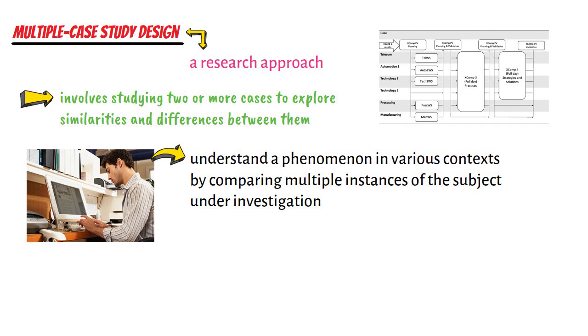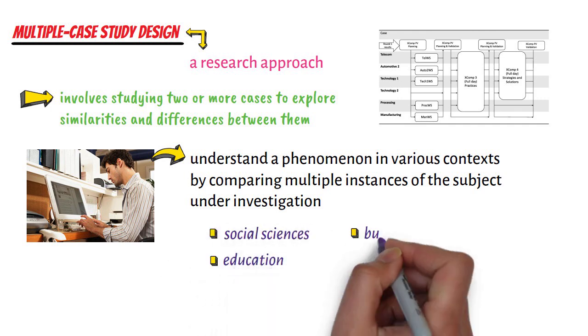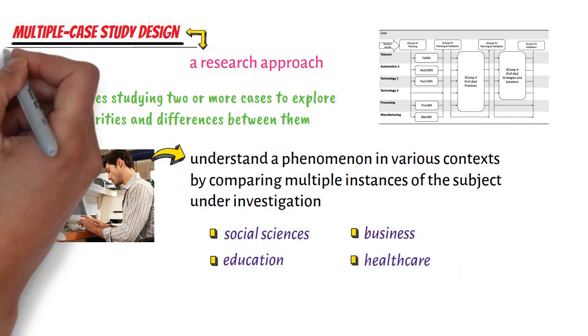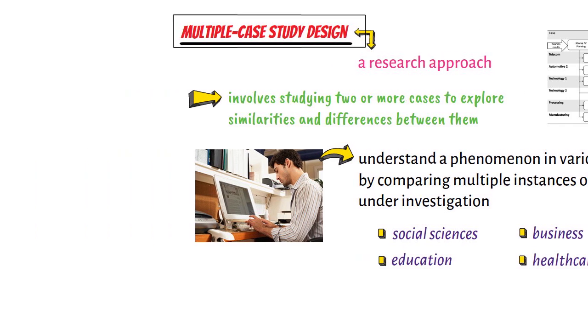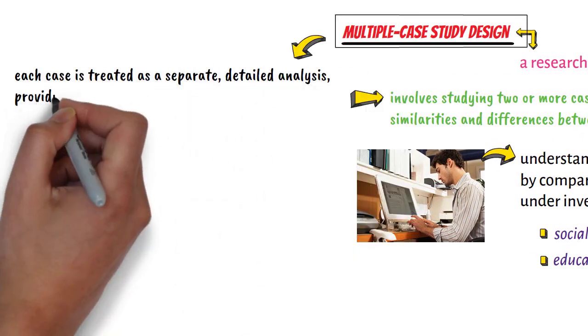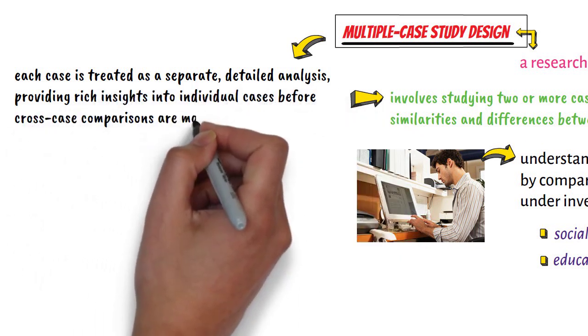The design is commonly used in fields such as social sciences, education, business, and healthcare. In multiple case studies, each case is treated as a separate, detailed analysis, providing rich insights into individual cases before cross-case comparisons are made.